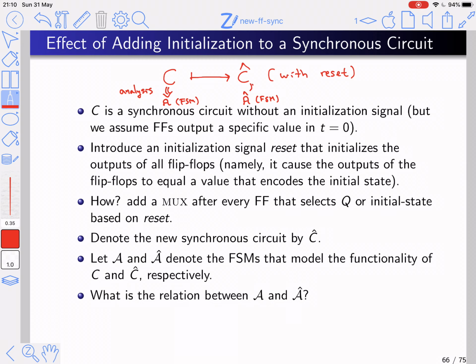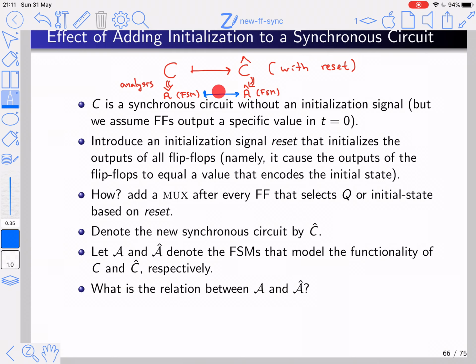So this would be a separate analysis. Now you may ask, what is the transformation that describes the mapping between A and A hat, where A is the finite state machine that models C, and A hat is the finite state machine that models C hat. Okay? So now we want to focus on this blue mapping.